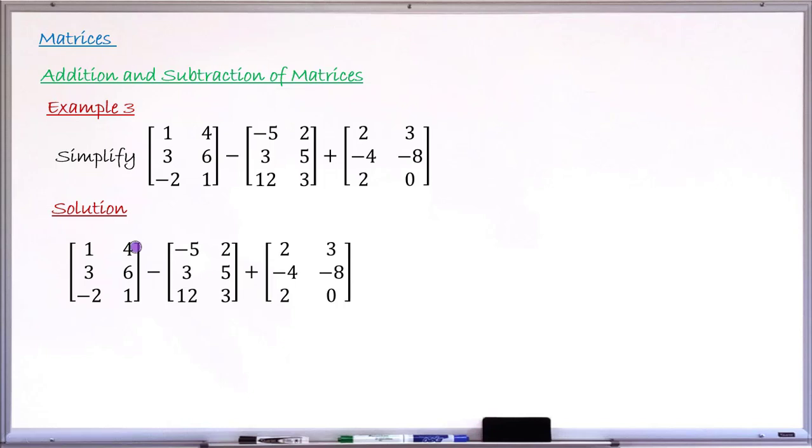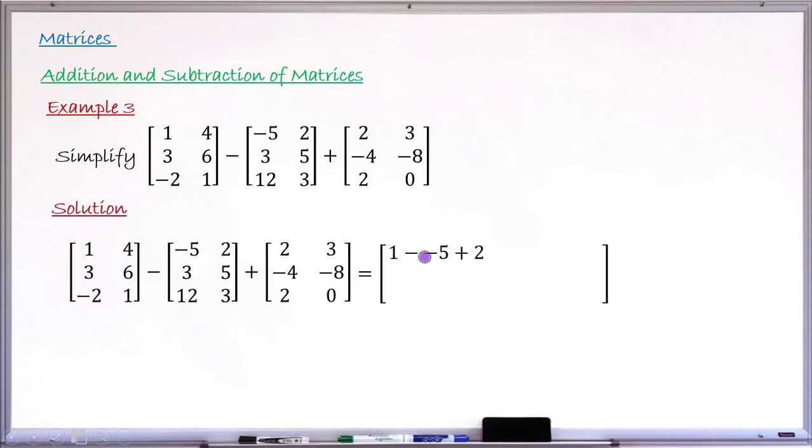To do this, I'll also check the corresponding entries. I want to do it all at once. So I set 1 minus the corresponding entry minus 5, and then plus the corresponding entry 2. These entries 1, minus 5 and 2 are in corresponding positions, so I can set 1 minus minus 5, then plus 2. Let me do that.